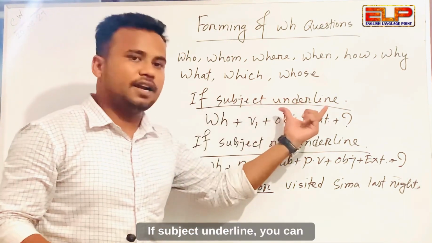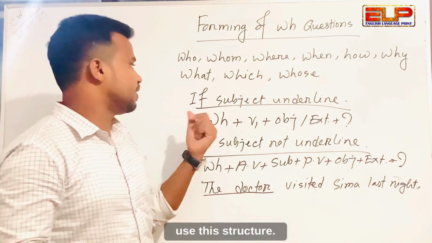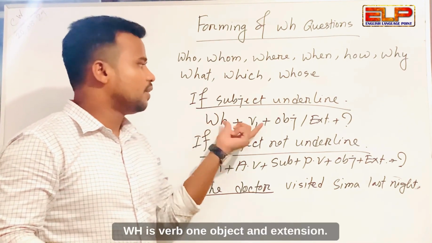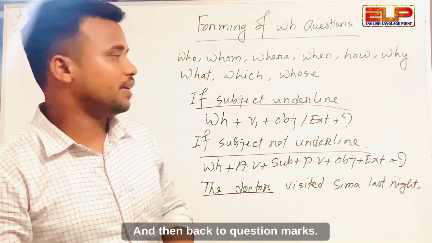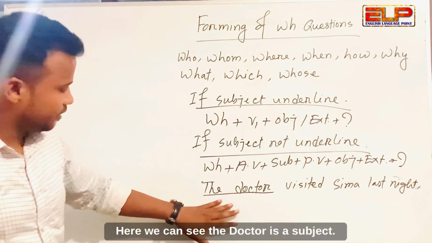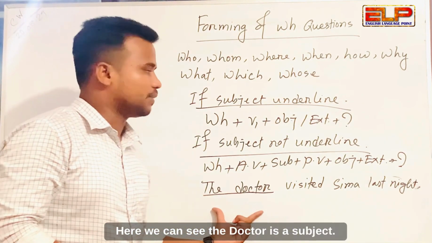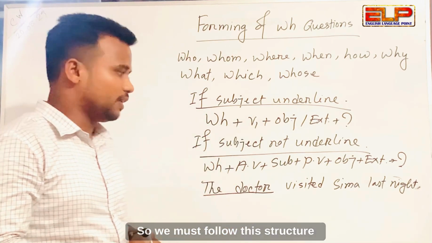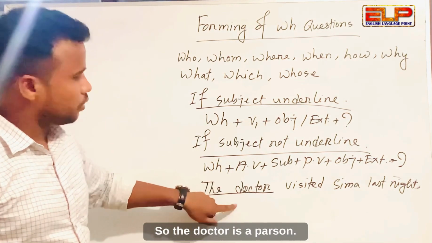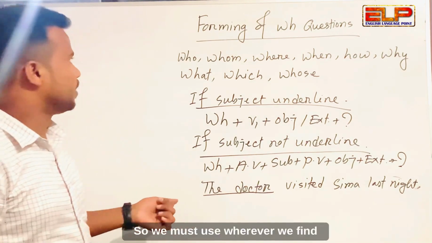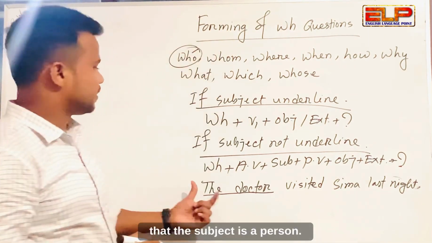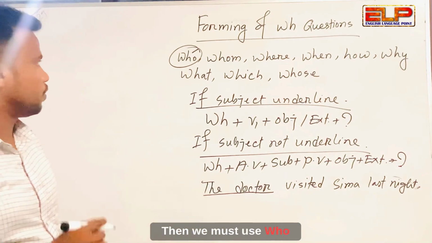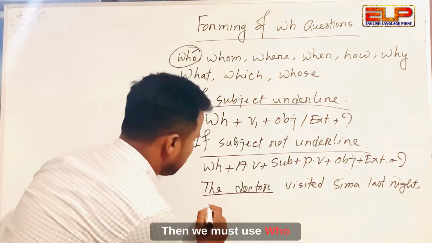If the subject is underlined, you can use this structure: WH word, verb 1, object or extension, and then the question mark. Here the doctor is the subject, so it must follow this structure. The doctor is a person, so we must use who. Whenever the subject is a person, we must use who.